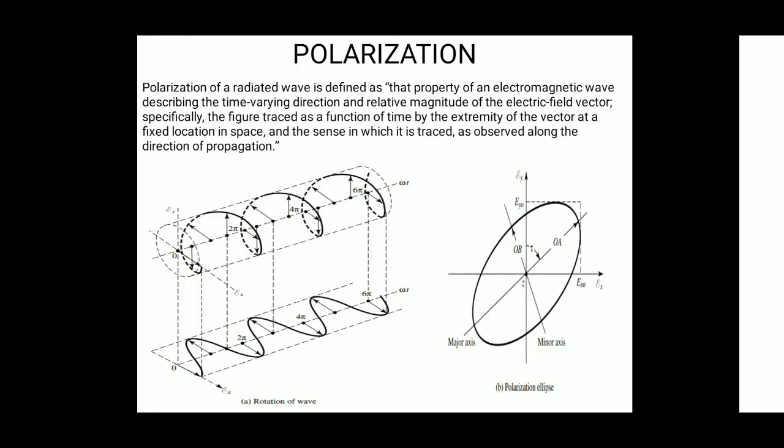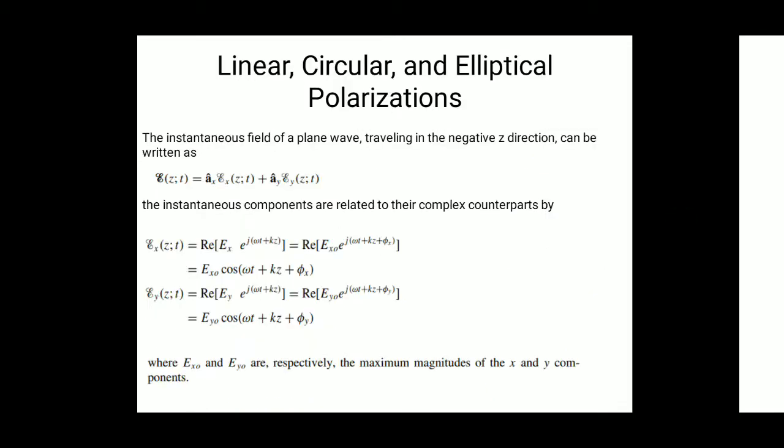The ellipse has two axes, the major axis and the minor axis, and this is the E component of the electric field in the x direction, and the other is the electric field component in the y direction. Now we discuss linear polarization, circular polarization and elliptical polarization.